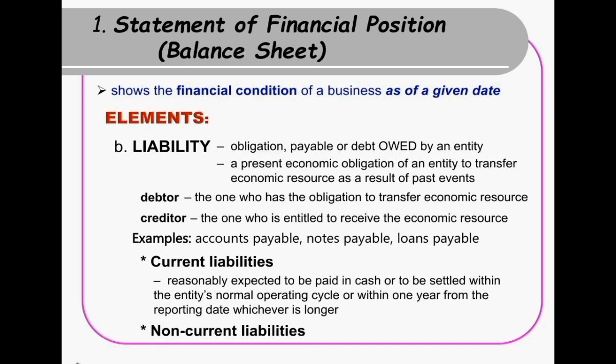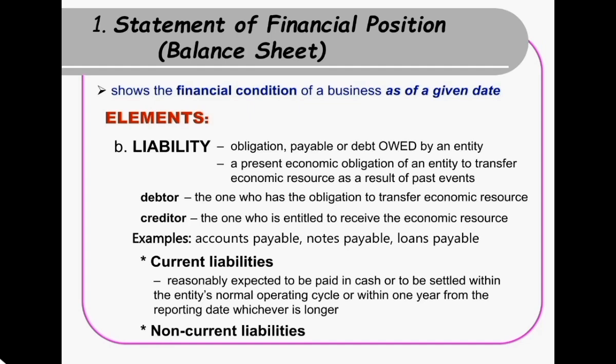What's the difference between accounts payable and note payable? Accounts payable is used when an entity purchases goods or receives service in the ordinary course of business without making a written promise to pay.